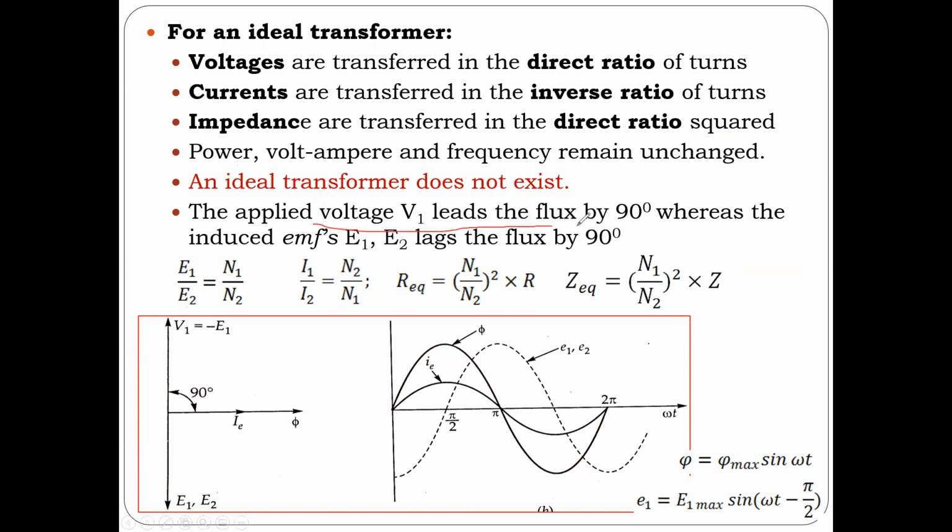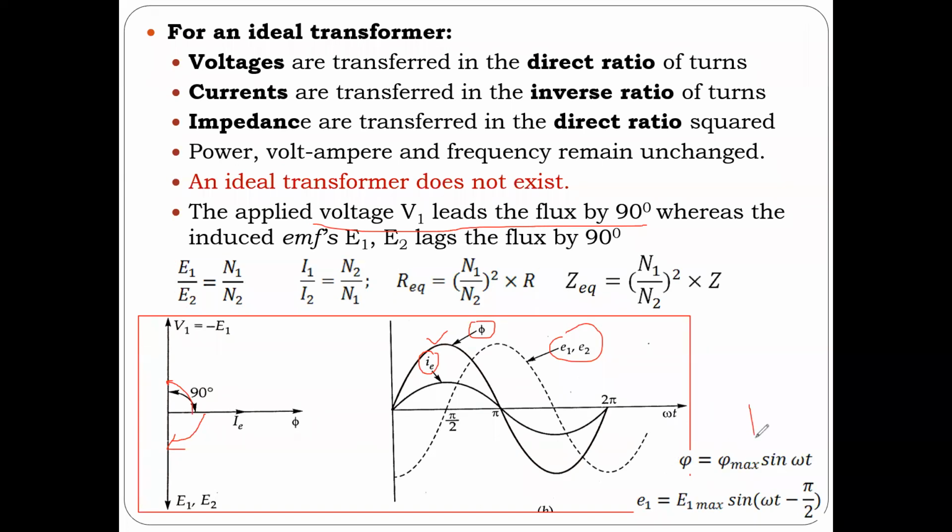The applied voltage leads the flux by 90 degrees and the induced EMF lags by 90 degrees. This is the flux, this is the current causing it, and these are the induced EMF.